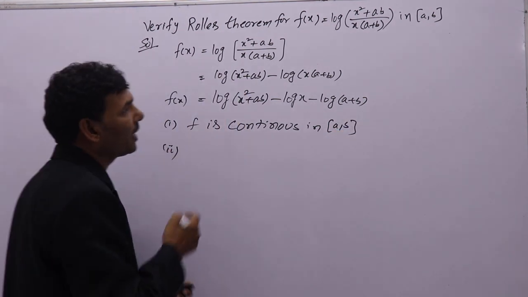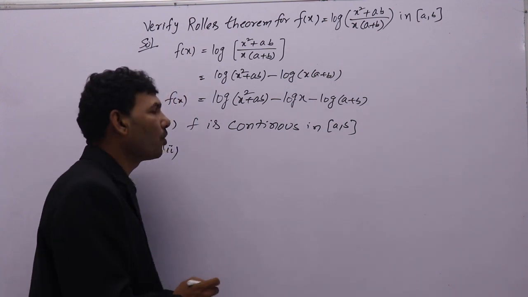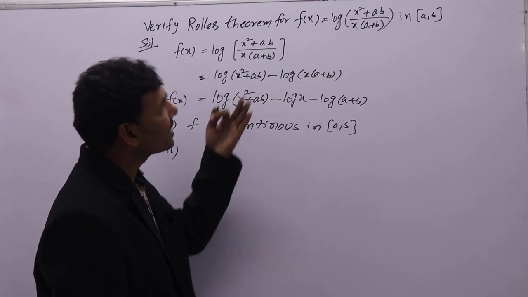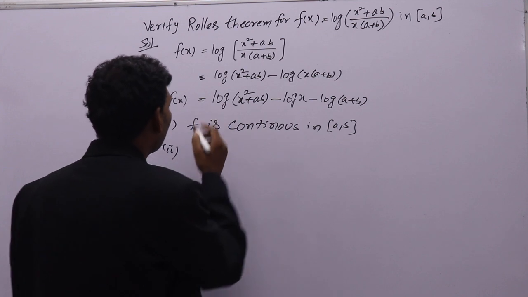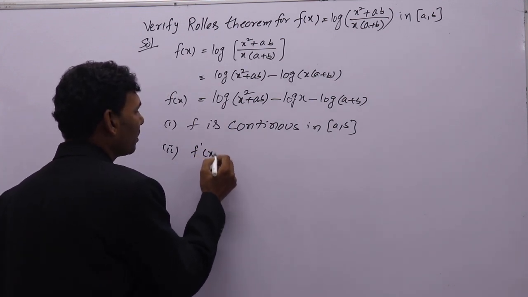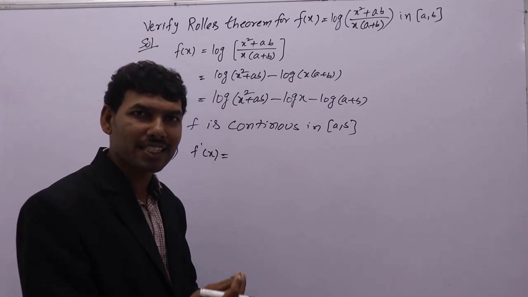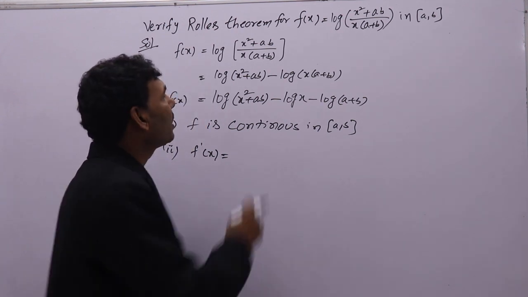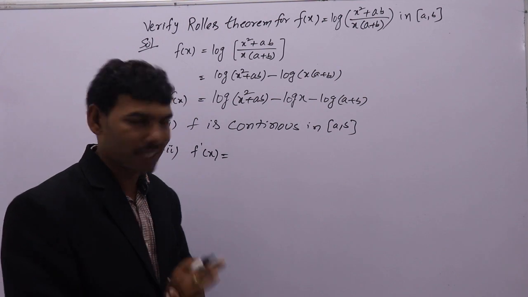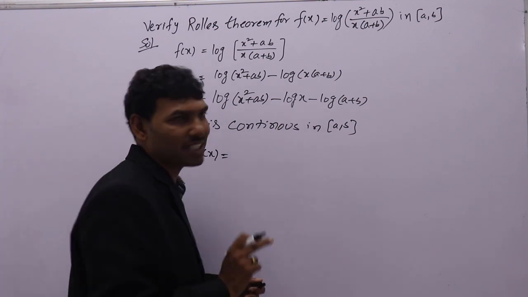For checking f dash of x also, if you have any doubt, you can check whether f dash of x exists in a comma b or not. I am finding f dash of x. Differentiation of log x is 1 by x. Differentiation of x square is 2x. Differentiation of x is 1.